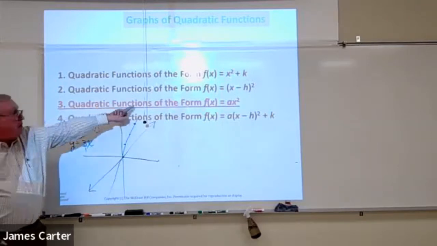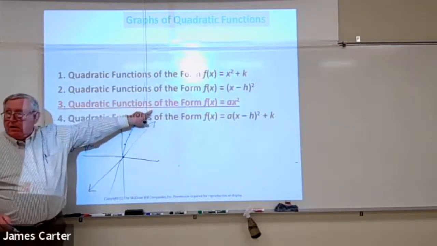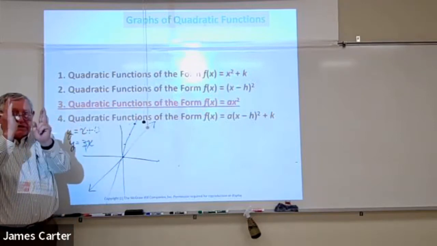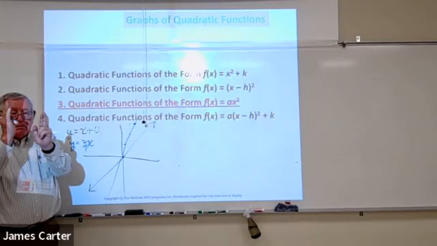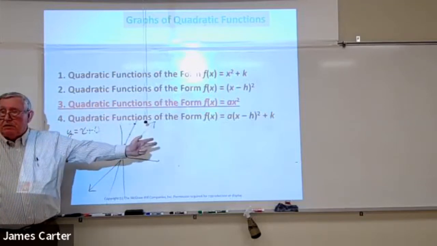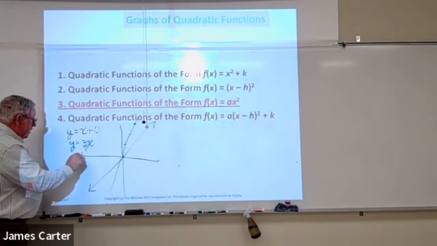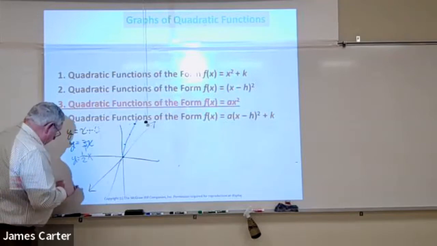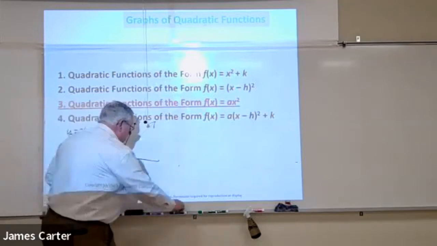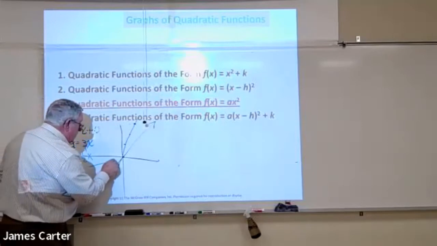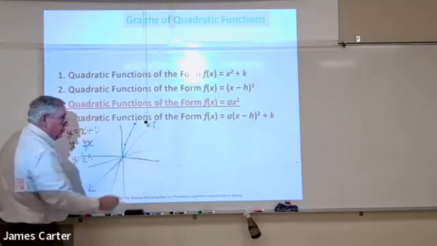Guess what's going to happen on here? It's going to make it either more narrow or wider. It's going to either make it steeper or it's going to make it wider. If I had y equals 1/2 x, then in that case, the graph is going to look more like this, up 1 over 2.